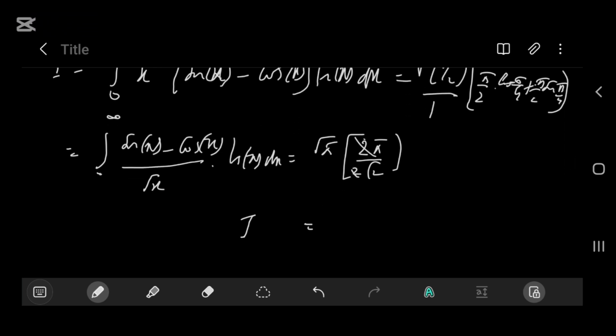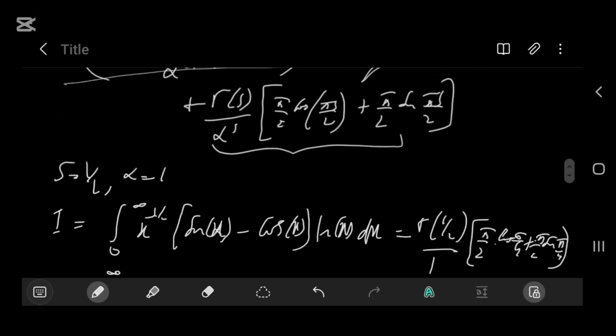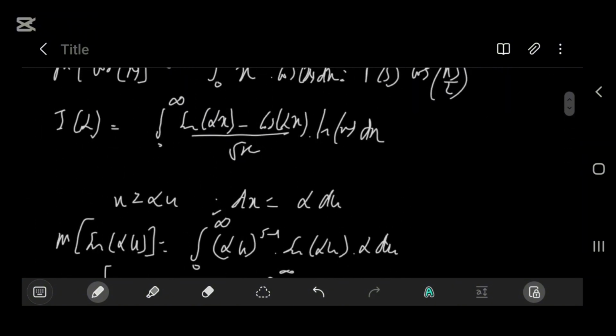Finally we have the answer for our required integral, I equals pi times root pi over 2. And here we go. This is our gorgeous looking answer for the required integral.